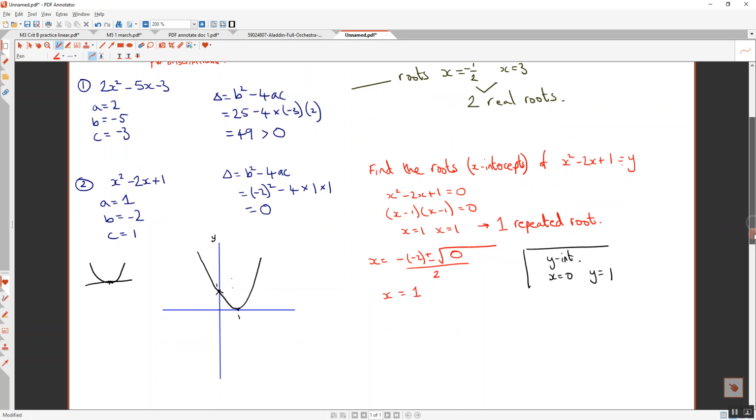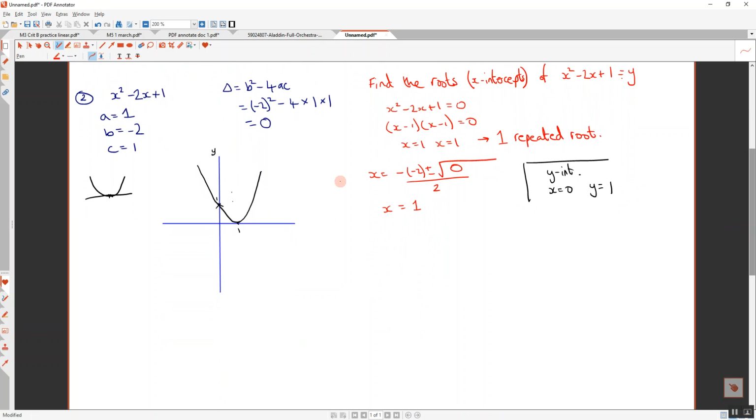All right, our last example is to do with the one that we were looking at yesterday. So the final one, back to blue: 2x squared minus 3x minus 11.